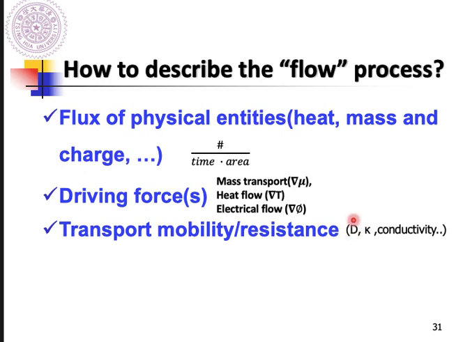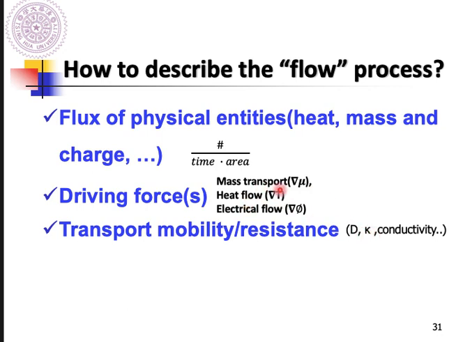The inertia of the system will be the diffusivity of these materials, right? Because if materials have different diffusivities, then the velocity of mass transport is definitely different, even though the same magnitude of driving force is applied on these materials.